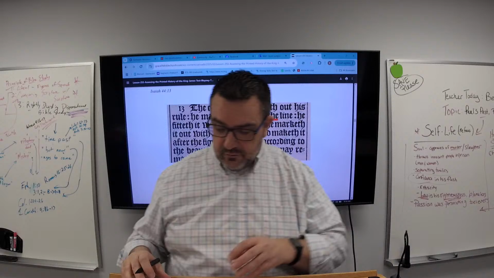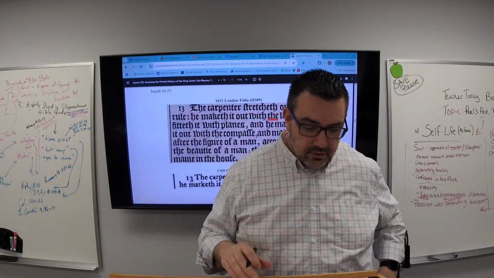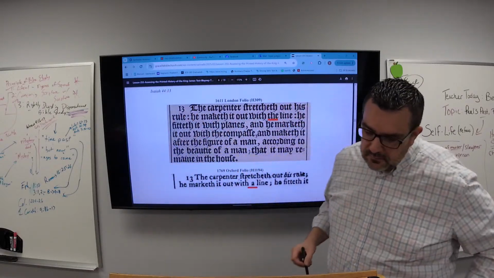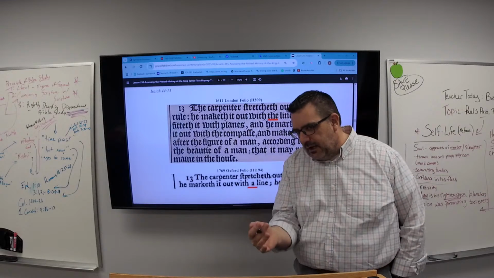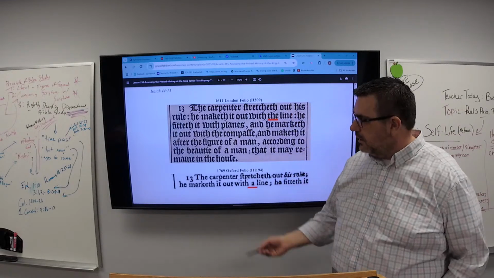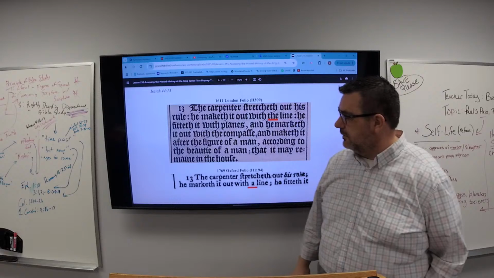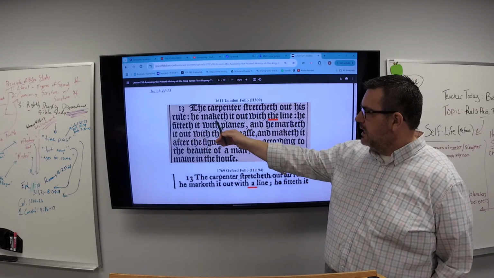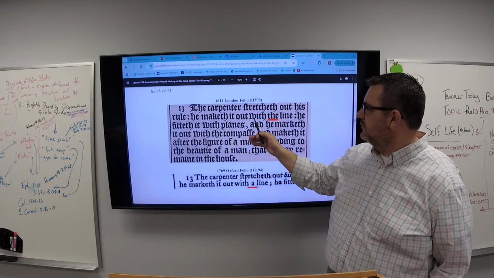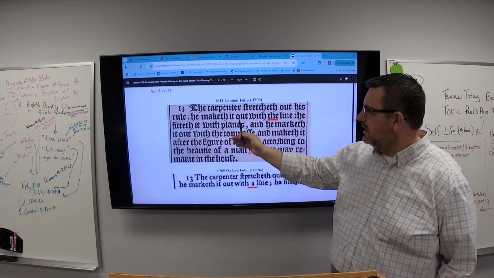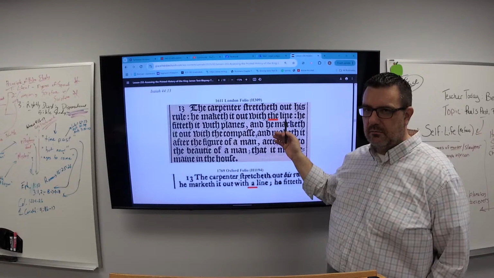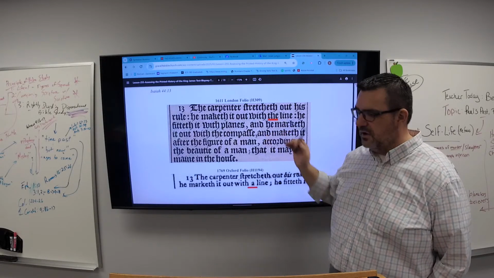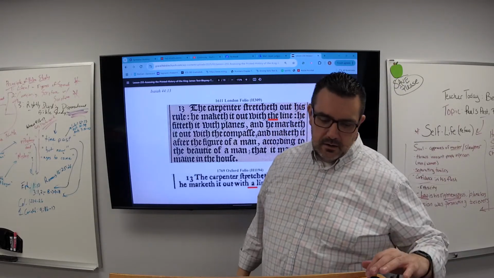Isaiah 44, verse 13. Okay? Now again, we're only looking at the ones made by Blayney to these verses. You could make the argument that there's more here. I didn't stop to do that. Notice this clause right here. He maketh it out with the line. Notice the I have underlined in red.